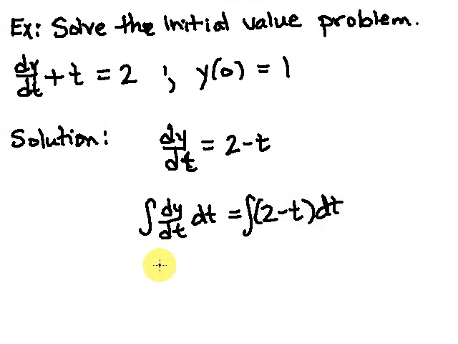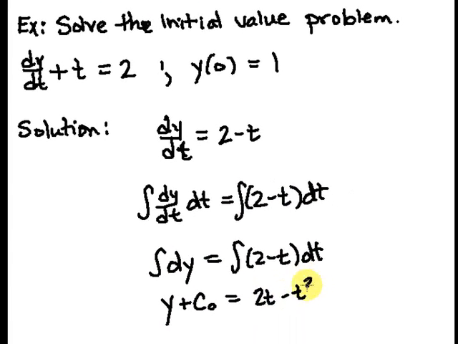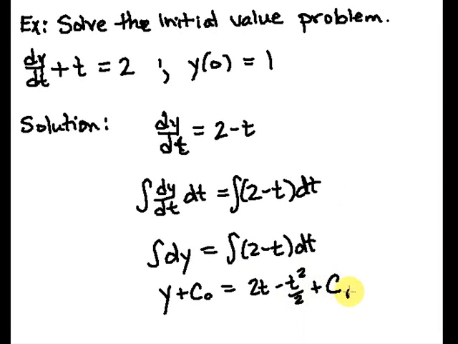Which gives us the antiderivative of dy is equal to the antiderivative of 2 minus t dt. Or in other words, y plus some constant, I'll call it c naught, is equal to 2t minus t squared over 2 plus some other constant c1. Now normally we don't write c naught and c1 because moving c naught over to this side, we can just combine them into one overall constant, c.